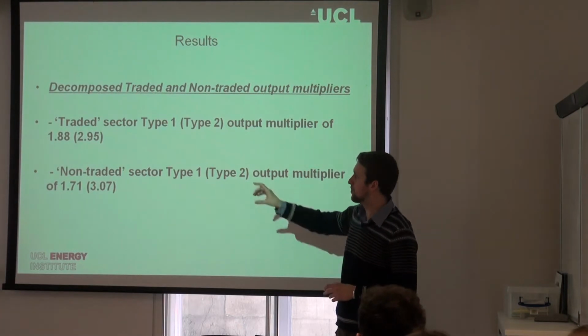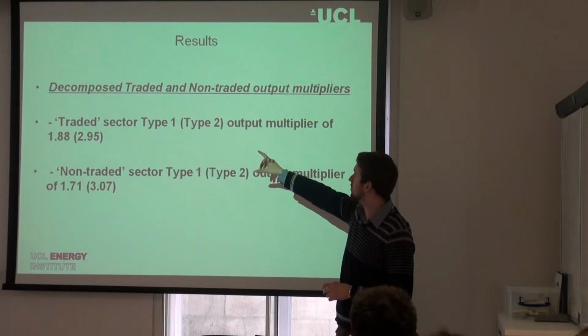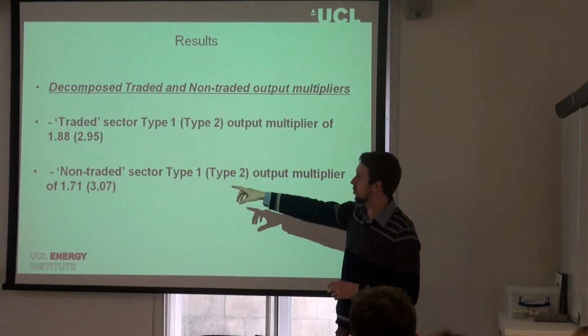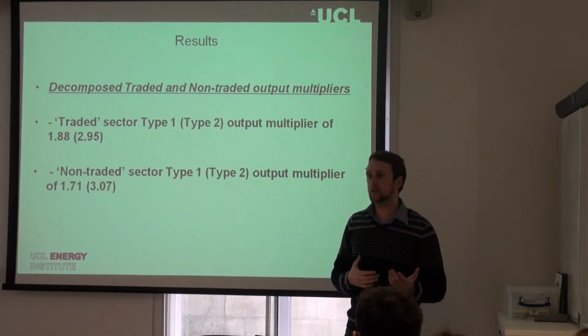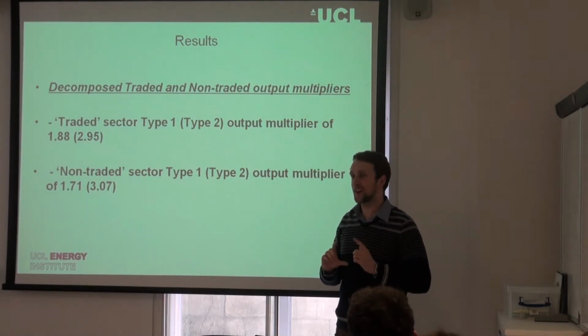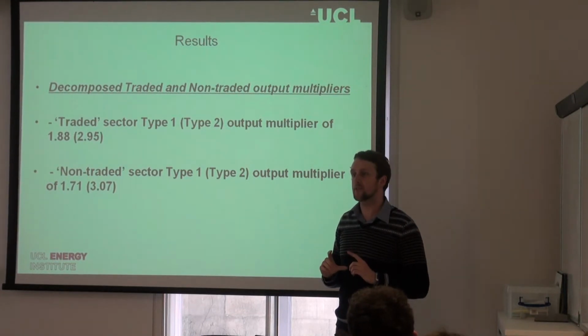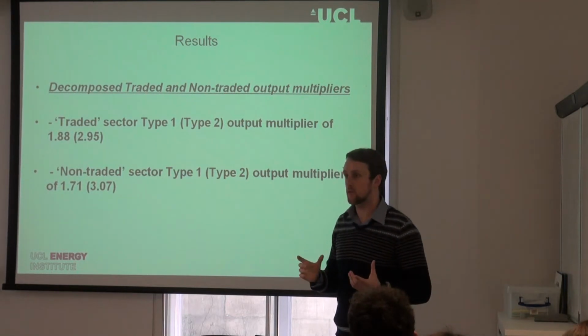But the labour intensity you can see in the type 2 multipliers shows you that you can't quite determine which is going to have the larger effect in the economy if there are increases in demand for certain types of goods and services.